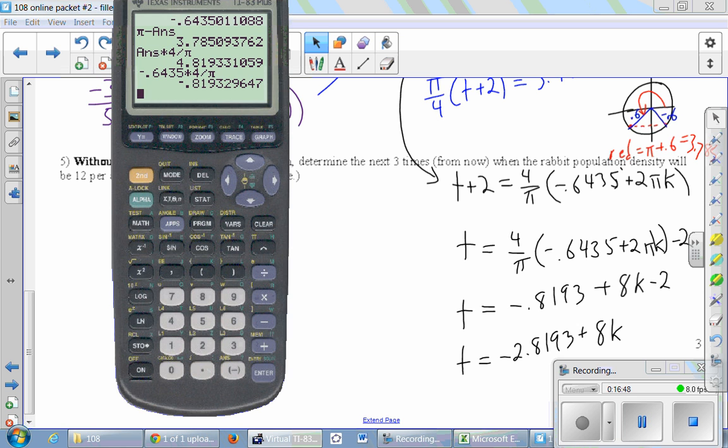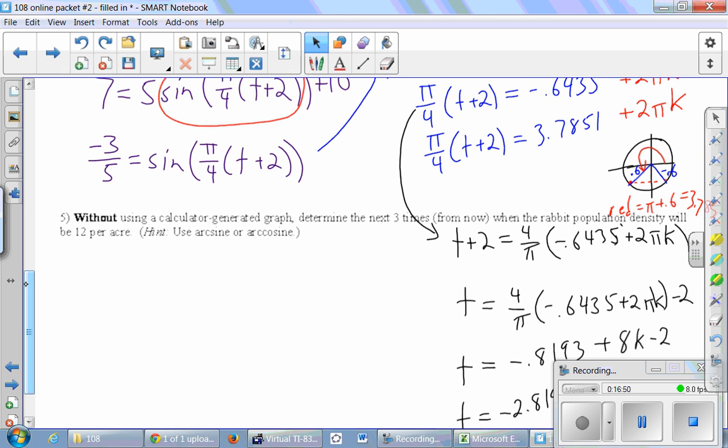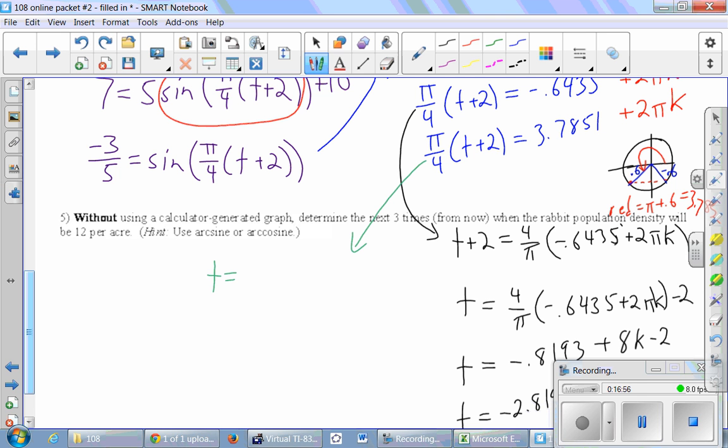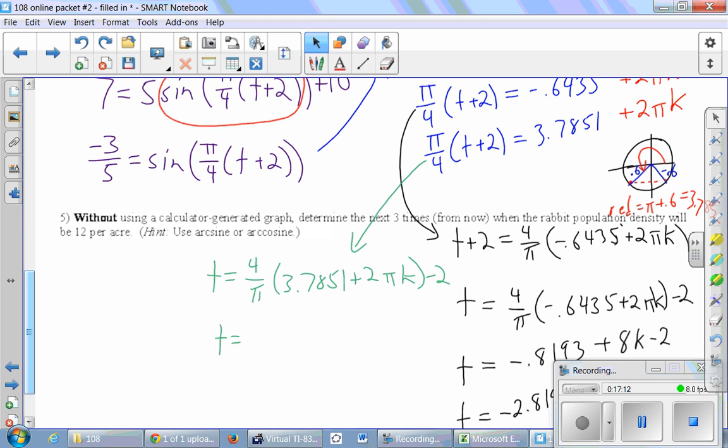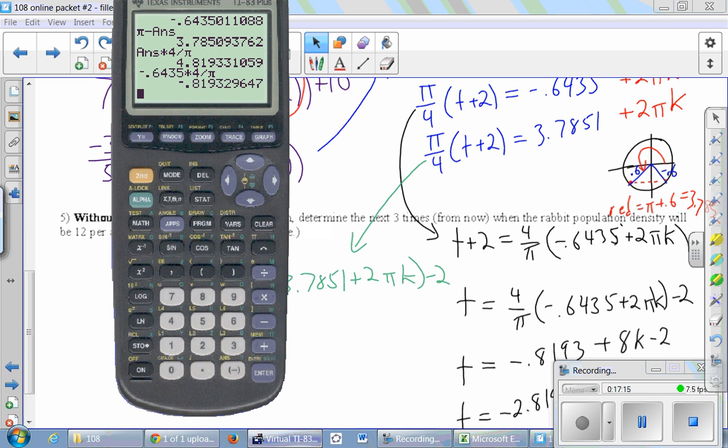And it's the same process for the other family. I won't write all the details this time, but this one right here becomes t equals, so what are we doing? We need to do the 4 over pi times the 3.78 plus the 2 pi k, and then subtract the 2 on the outside, and this is equal to, and now we can use the number we have on the calculator. So we've already done that calculation.